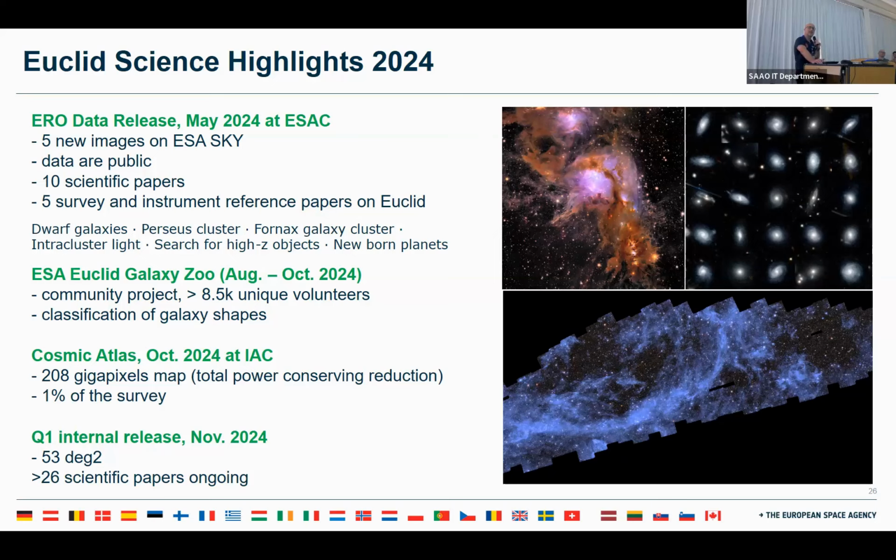There is the Galaxy Zoo project. It's a community project to classify Euclid galaxies. The Cosmic Atlas, a 280 gigapixel map, was released in October, and the Q1 internal release happened for 56 square degrees in November.